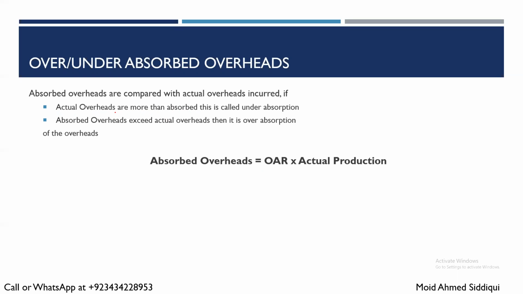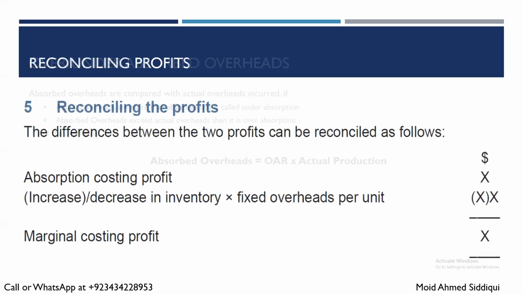If this actual expense exceeds our absorbed overheads, then this is called under absorption, since absorbed overheads are less than the actual. If absorbed overheads are more than the actual, then this is called over absorption. This is something that I have already told you.